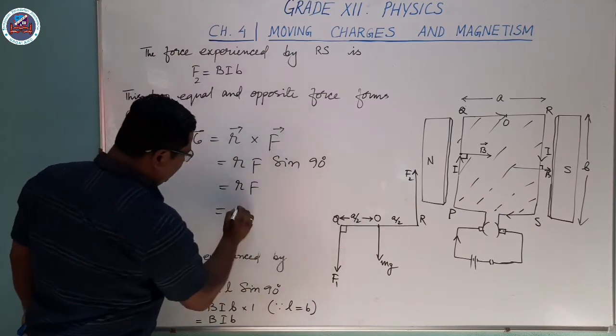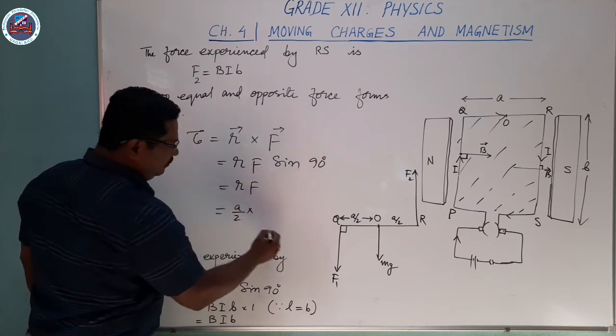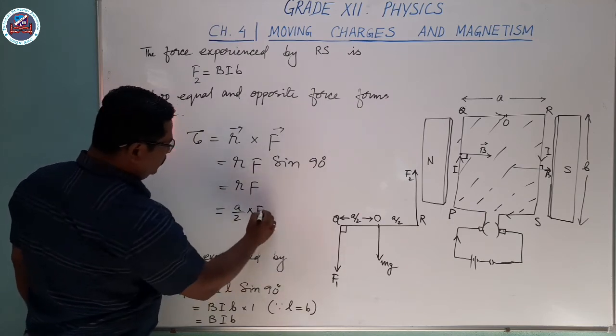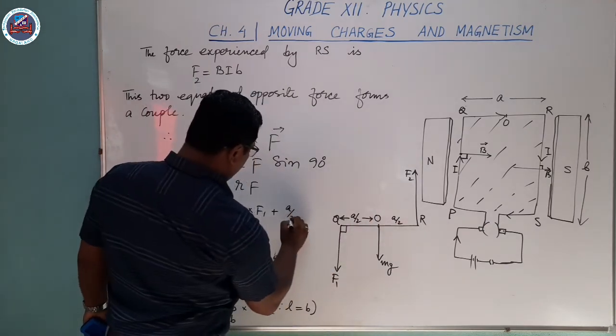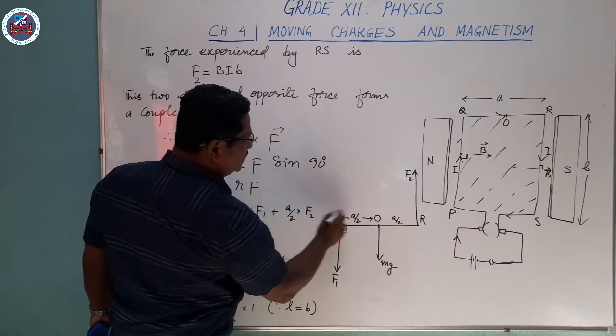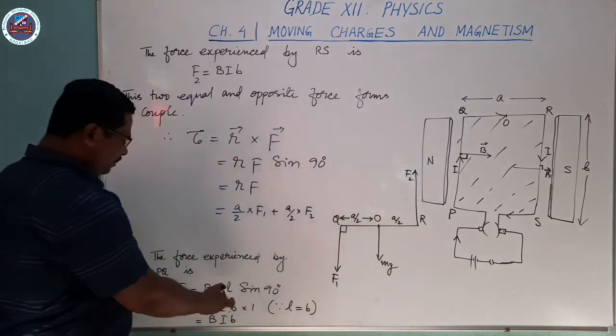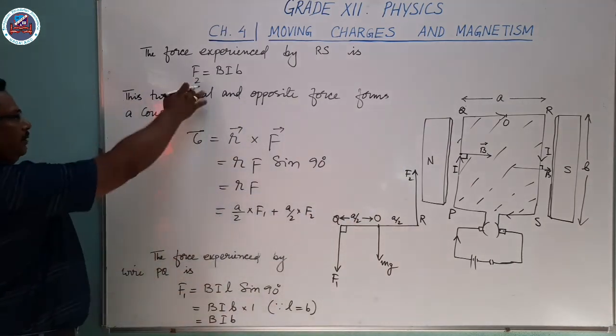For the half part I take A by 2 into force F1, plus the other half A by 2 into force F2, and the magnitudes are here BIB.